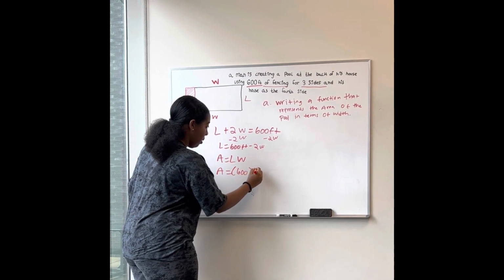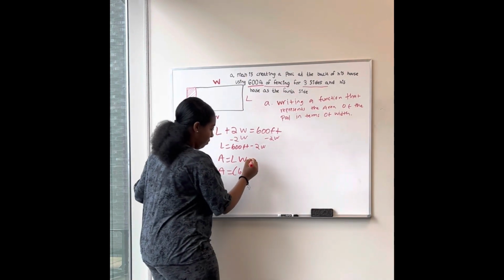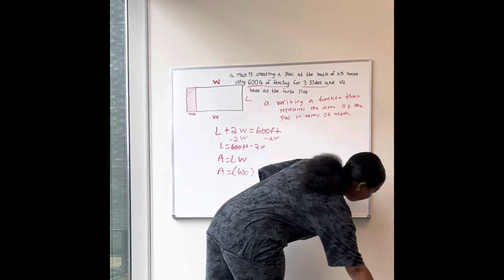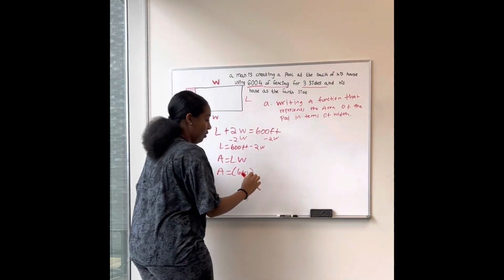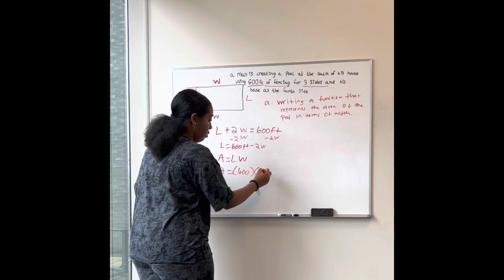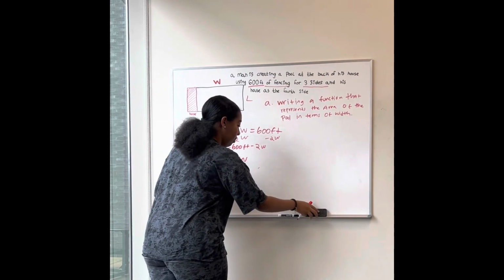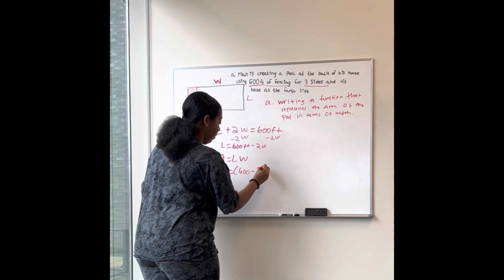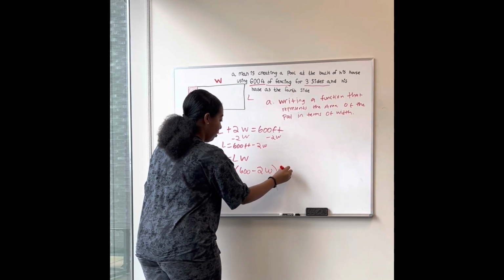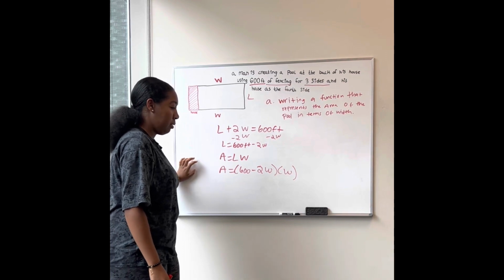600 minus 2W times W. This is your area.